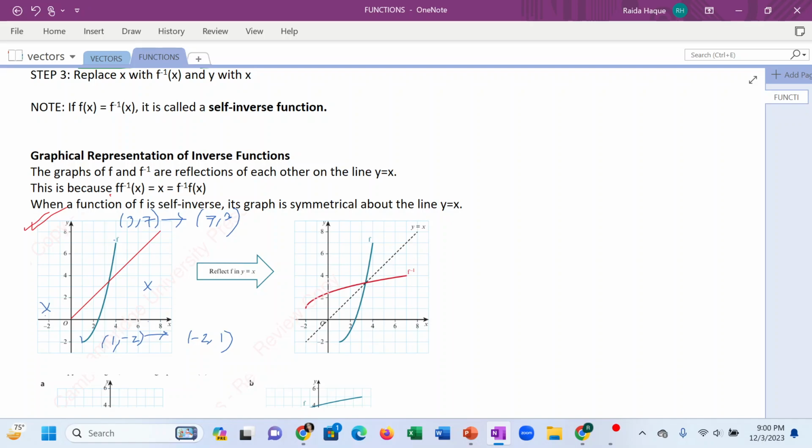And again, since y equals x is the line of symmetry, it will always pass through the point where the f(x) graph is intersecting the y equals x line. So now all you need to do is join these points, make it look as similar to the previous one. Here I just considered 3 points, but the more points you consider, the more accurate it will be. And as you can see, if we plot the f inverse x, it is exactly the same and you get the full marks.